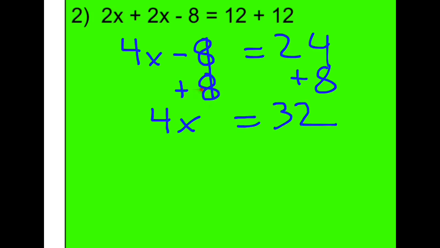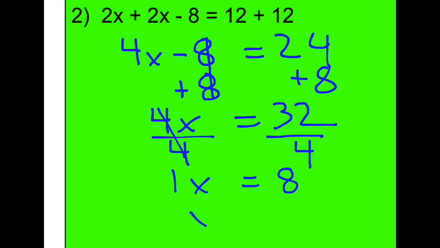That's a multiplication equation. To solve it, do the opposite of multiply by 4, which is divide by 4. And 4 divided by 4 gives 1x. 32 divided by 4 equals 8, or x equals 8.